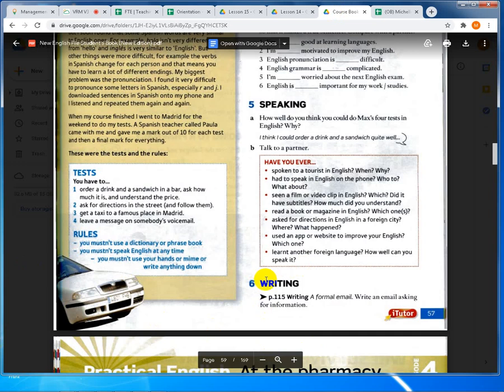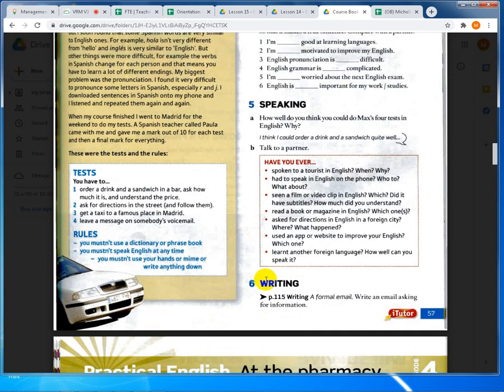We have here two last questions, Lynn, and here we go: have you ever used an application or website to improve your English? Yes. Wow, we are the same.